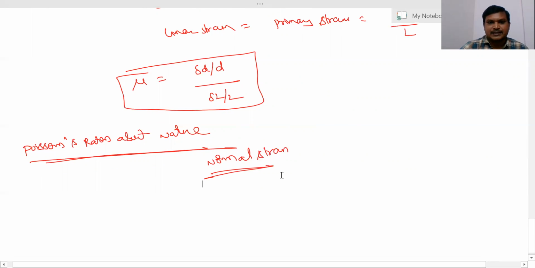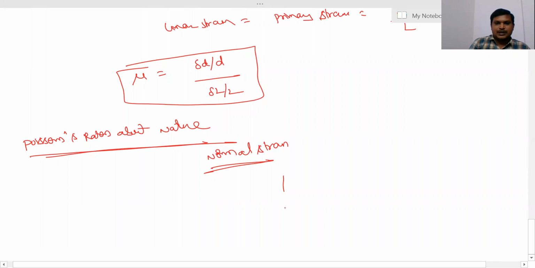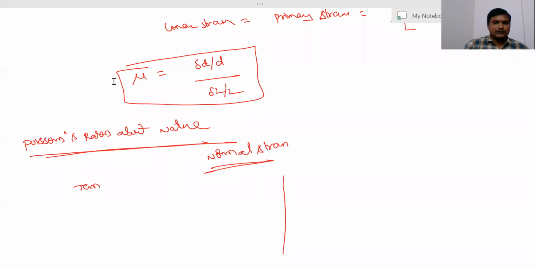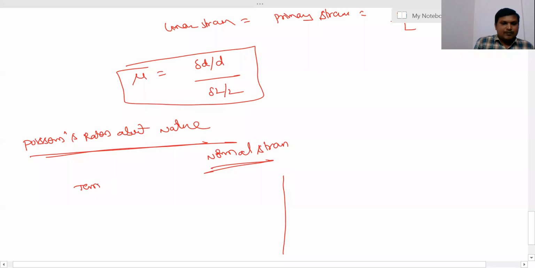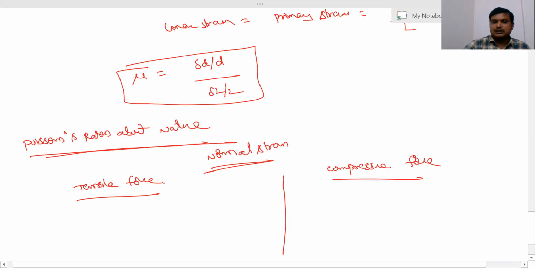So two different cases. Here I'm talking about a tensile force on one side, since both are normal, and on the other side a compressive force. Is it clear?